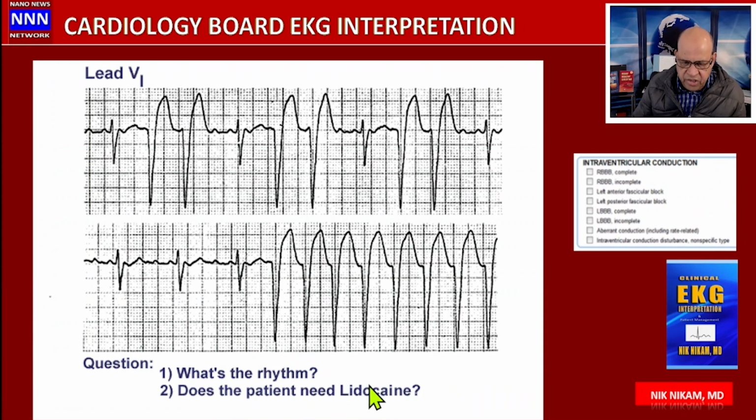Now that's the last thing you want to use in this patient, because if you have atrial flutter and you try to use lidocaine, then the conduction can go into one-to-one conduction. So that's not what you really need. You need drugs that block the AV conduction to reduce the rate. And when you reduce the ventricular rate, then we're going to see the narrow QRS complexes returning.